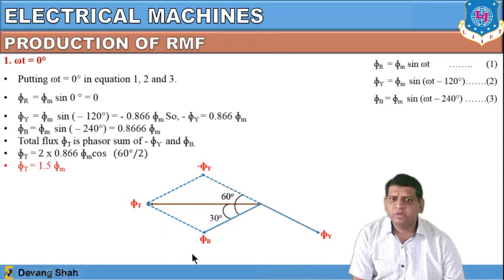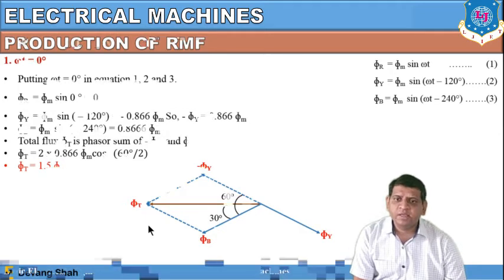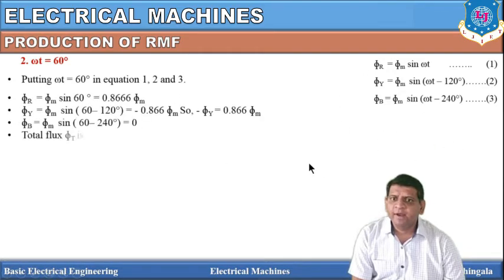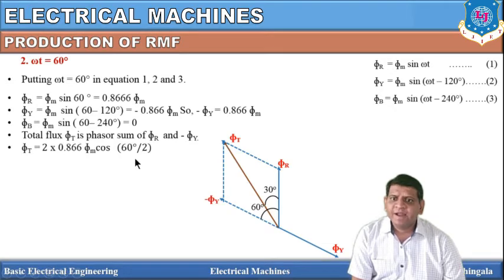Now you can check the position of this phasor diagram. We take the second instant as omega t equal to 60 degrees. Putting 60 in these equations, you will find phi T is again 1.5 times phi m. But the position is quite different: from the initial position where omega t is equal to 0, at angle 60 the complete phasor diagram has moved in the upward direction.